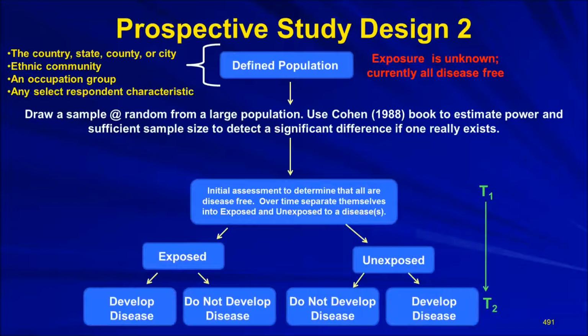And Cohen, and I make you aware of this because this is still the premier book in the area for estimating power statistics, to see whether we have a sufficient sample size to detect a significant difference if one really exists. And people always ask me about a definition of power. And this is probably one of the cleanest, simplest definitions of power statistics, or an estimation of sample size.